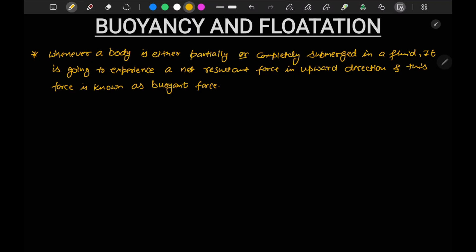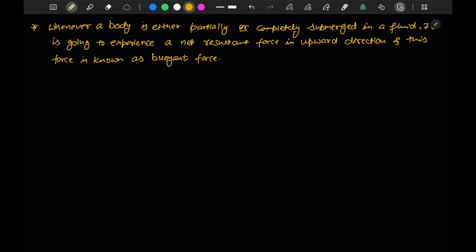Now second point, if I talk about the magnitude of this buoyant force.